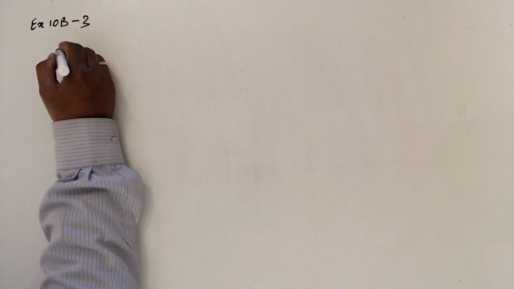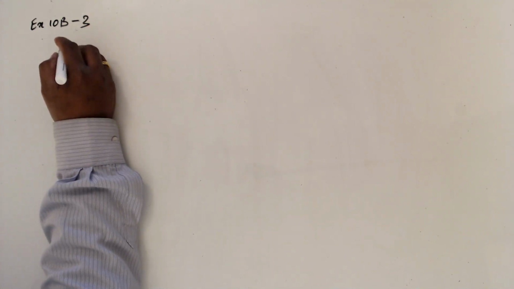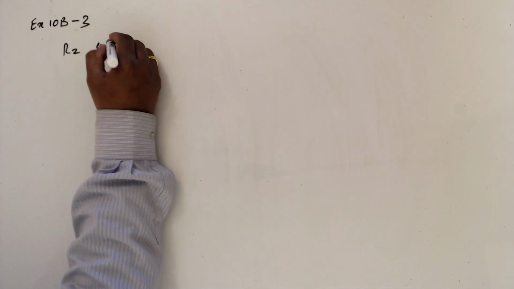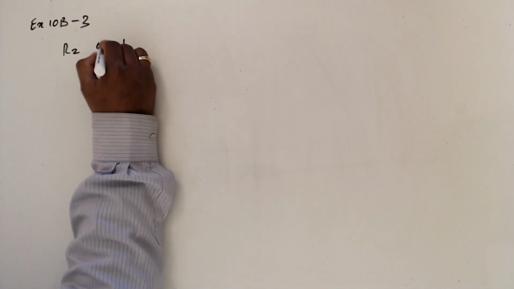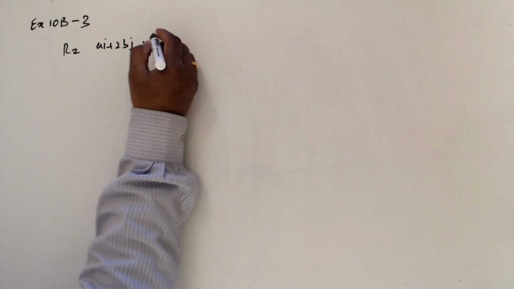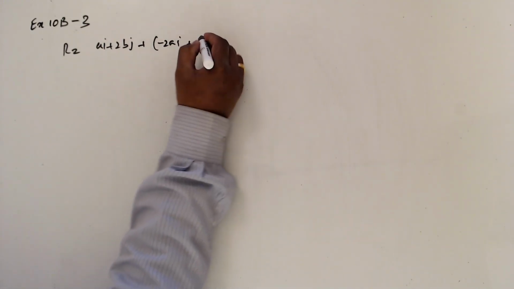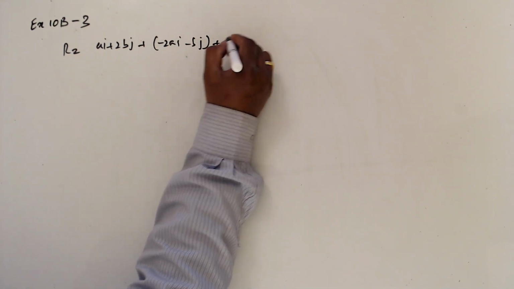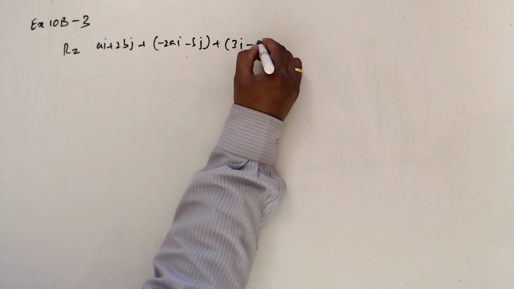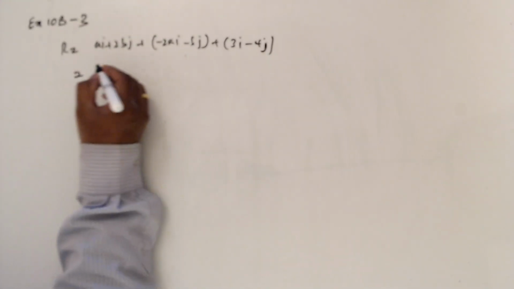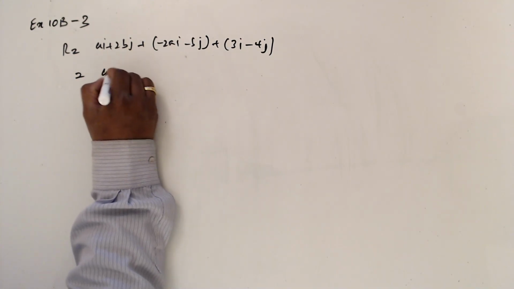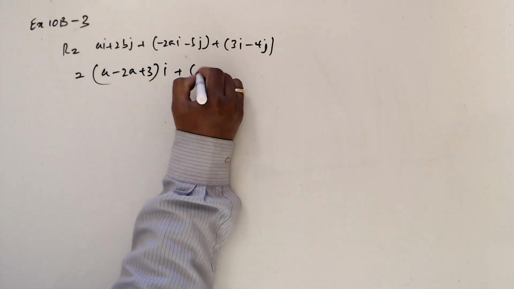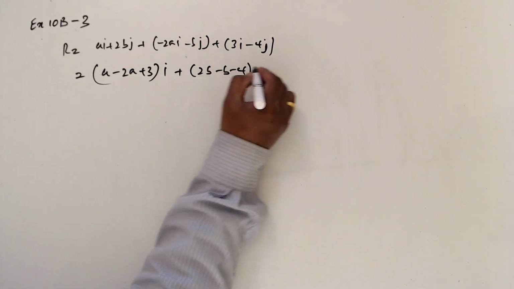Question number 3. The forces are in equilibrium, we need to find A and B. R equals A plus 2B, Ai plus 2Bj plus minus 2Ai plus minus Bj plus 3i minus 4j equals A minus 2A plus 3 i plus 2B minus B minus 4 j.